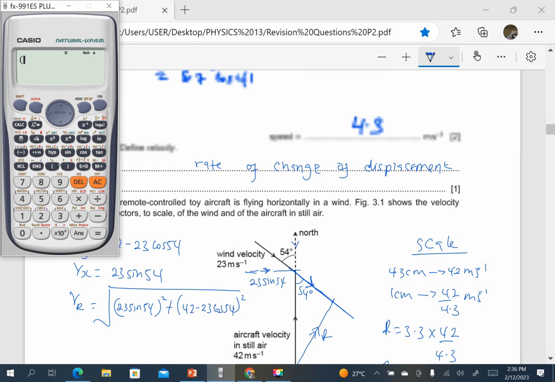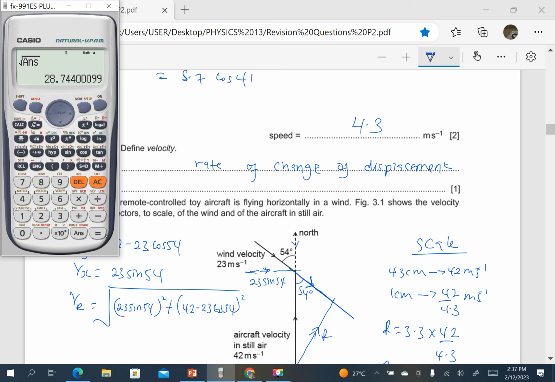Open the brackets, 23 sine 54, squared, plus another bracket, 42 minus 23 cos 54, squared. That gives us the answer, and we find the square root.